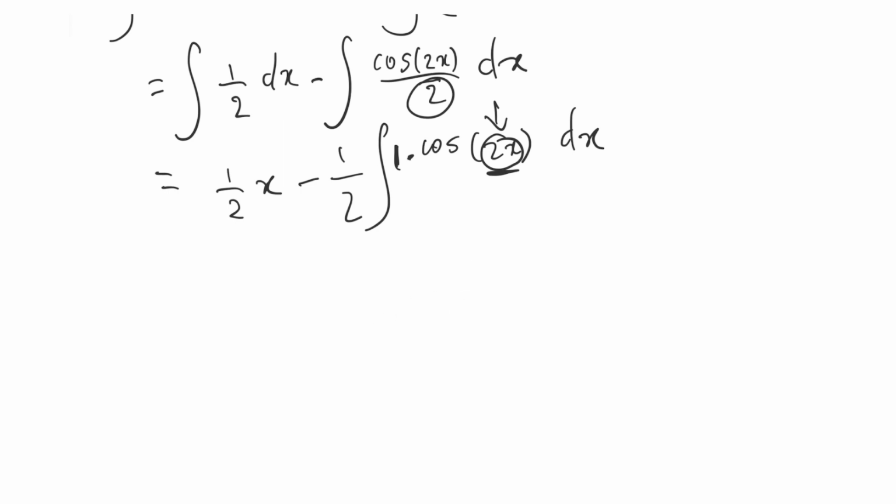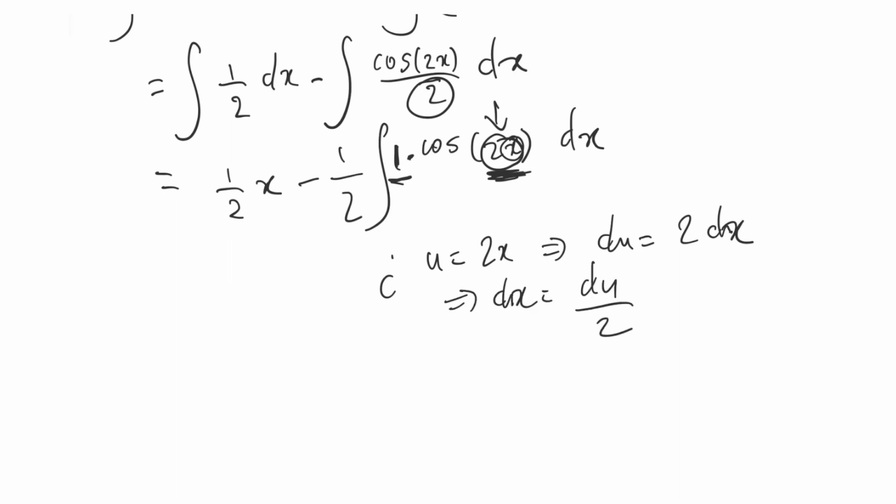So we can ignore the constant, and we have 1 here. 1 is the derivative of the function x, so we can use u substitution. U is equal to 2x, implies that du is equal to 2dx, which means dx is equal to du over 2, dividing both sides by 2 here.